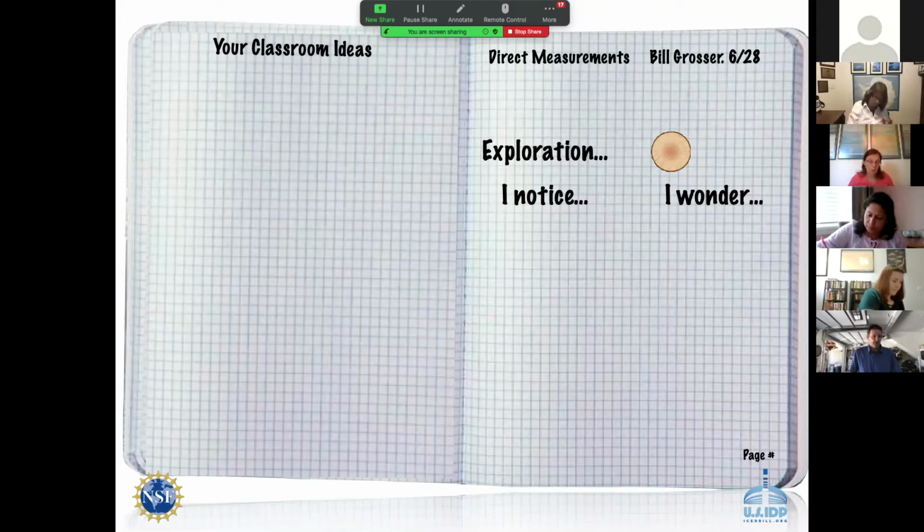So these are direct things that you can observe about it. And in the other column, I'd like you to put down 2 to 5 things that you wonder. If when you're looking at that, a question comes up, put that down in the I wonder column.